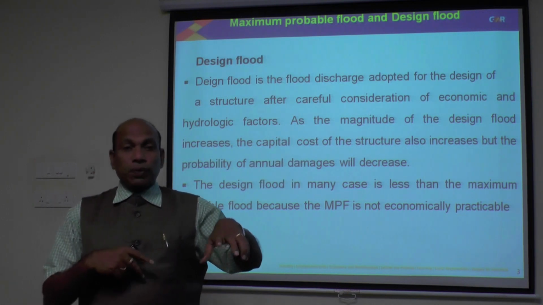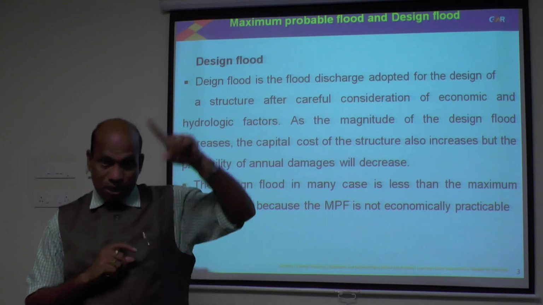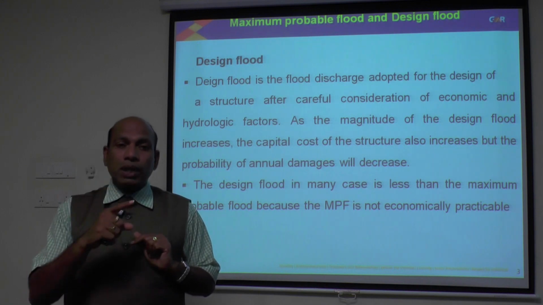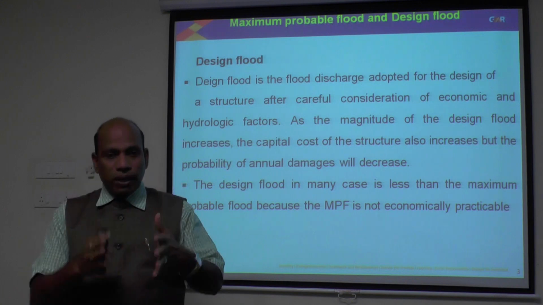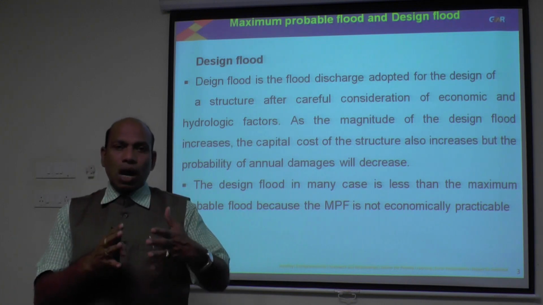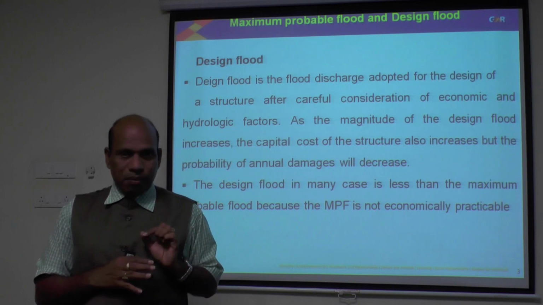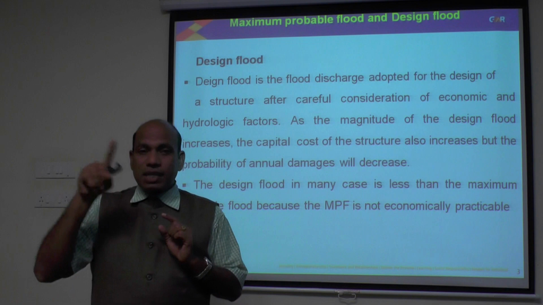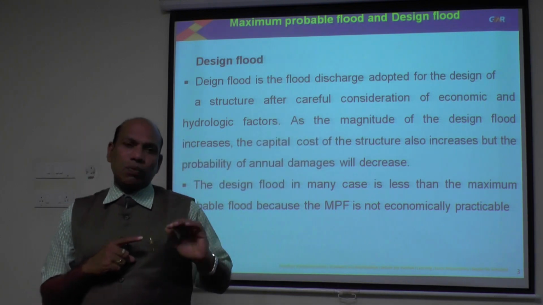Okay, what it indicates is that if the design flood increases, the cost of the structure increases, and at the same time the probability of annual damage decreases. Because the actual flood in a particular area is only 100 TMC, but the structure may be designed 20% higher, so that it can resist 120 TMC of water.